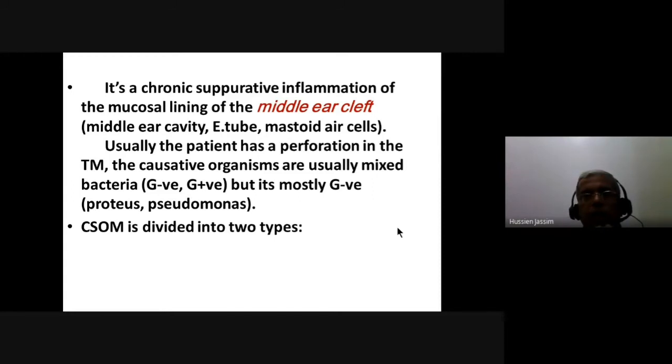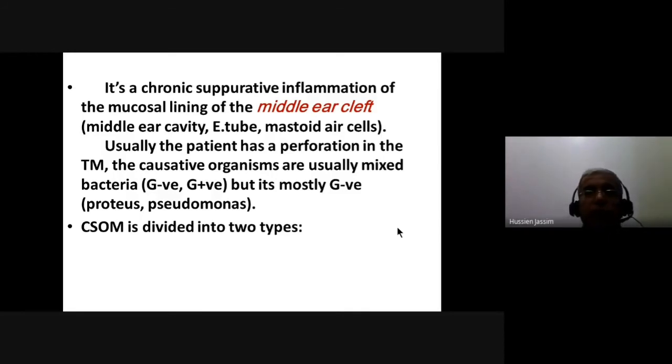and the mucosal lining of the middle ear cleft is not healed after the usual treatment for the acute otitis media for any cause, and it stays more than 3 weeks, this is the cutoff for us. We always ask in the history for how long you have had such secretion or discharge from the ear. If he says it has been a month or two, this means it has turned into chronic continuous discharge, chronic otitis media, chronic suppurative otitis media.